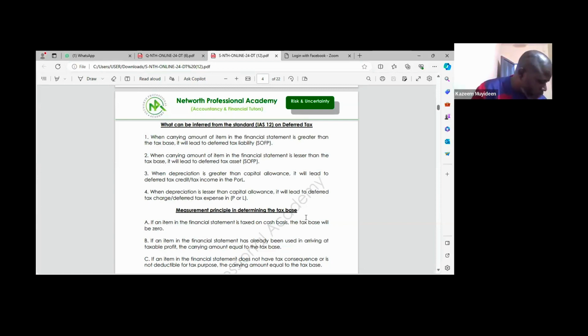Do we take question on how do we determine the tax base when we are given carrying amounts? That is question number 7 and question number 4. Tola PSC. Question number 5. Tola PSC.